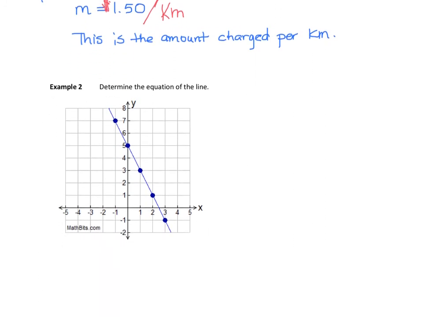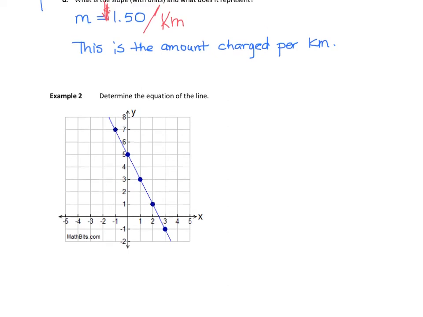Okay, so determine the equation of the line in this graph. Here's where we'll need to use the graph to find the slope. In order to do that, we're going to choose any 2 points on this line. So maybe I'll choose this one and this one, and find the rise and run between those 2 points. Moving from left to right, we would go down 2 and right 1 to get to the next point on the line.